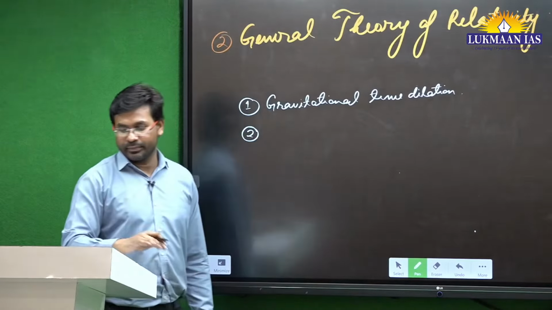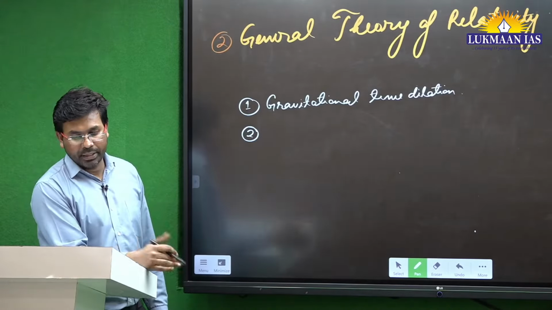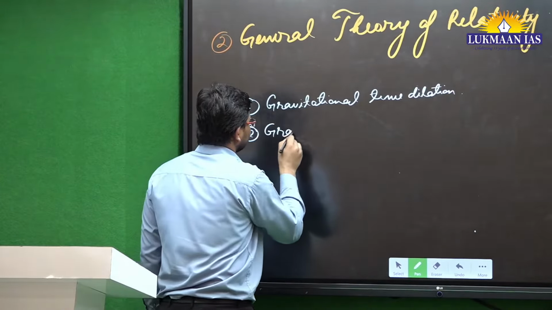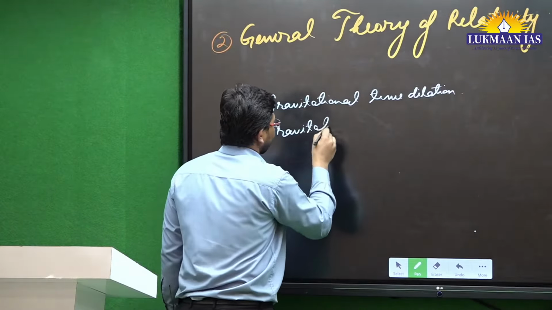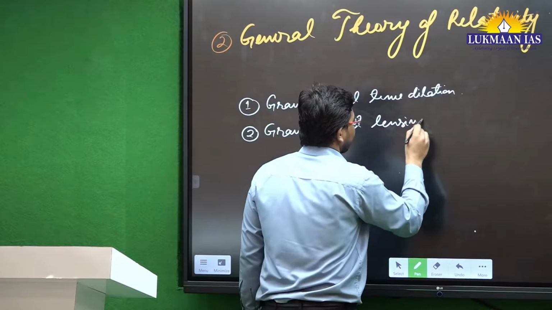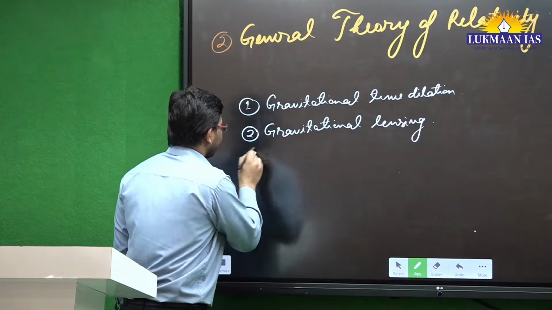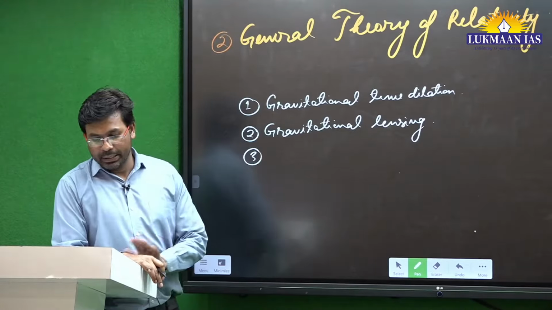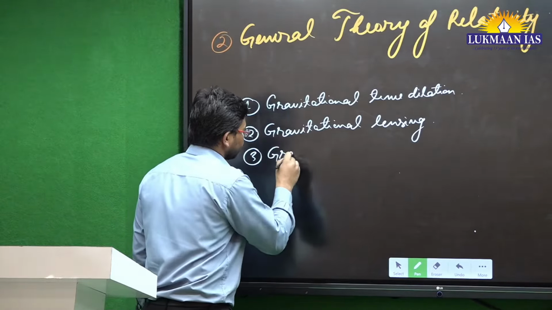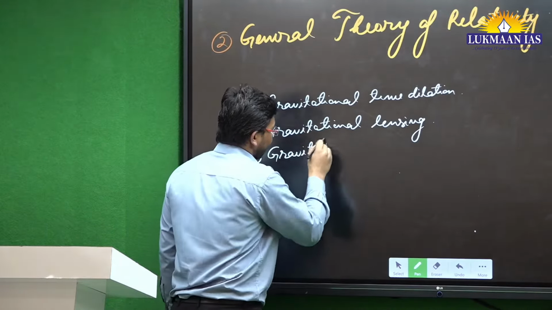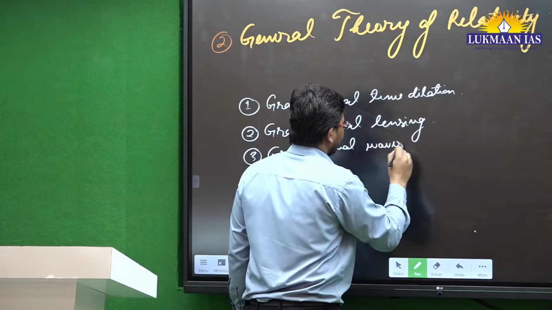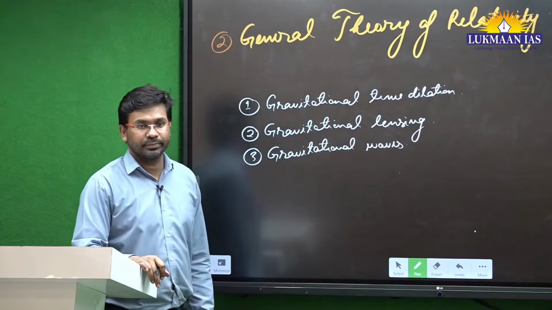Number 2, write down gravitational lensing. Number 3, write down gravitational waves.